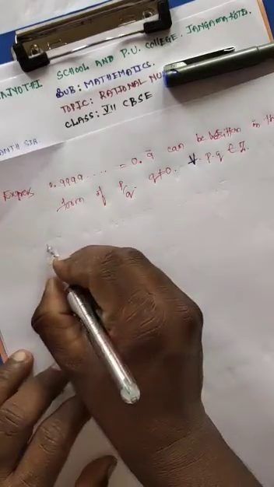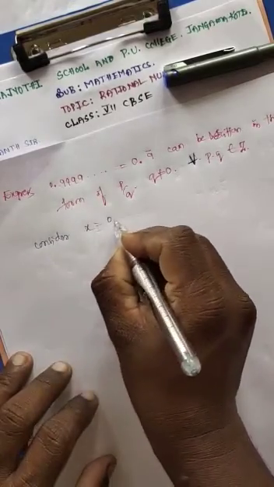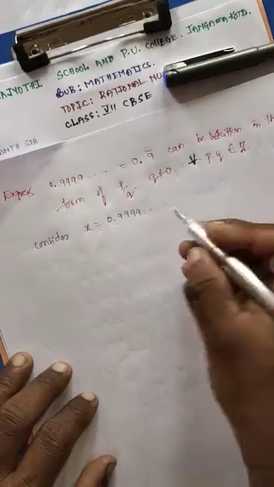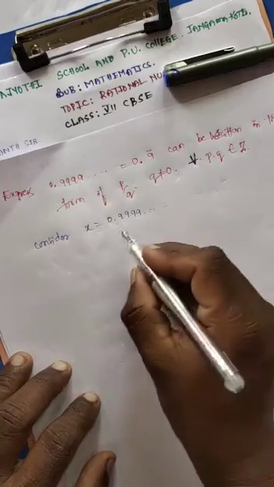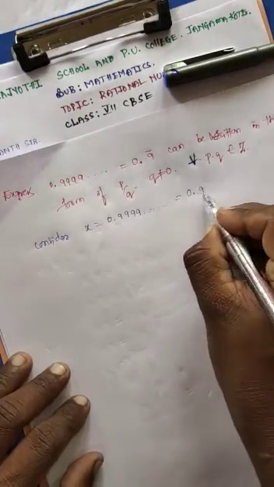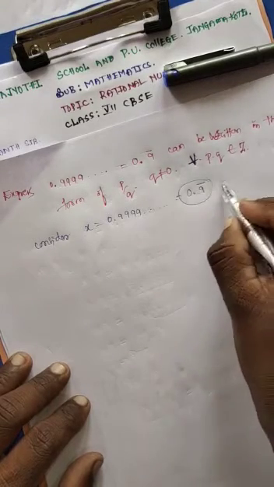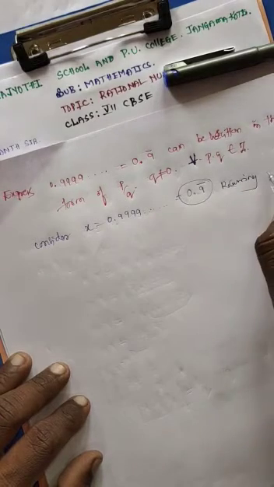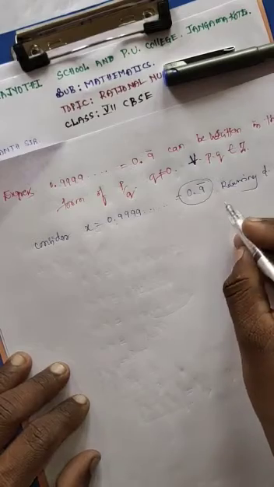So we can consider x is equal to 0.999 etc. In this case we have only one digit in the decimal part repeating, so it can be written as 0.9 bar. So it contains a recurring decimal expansion.